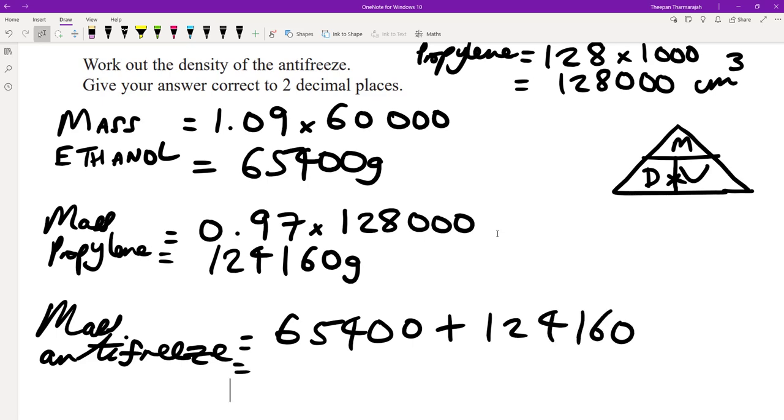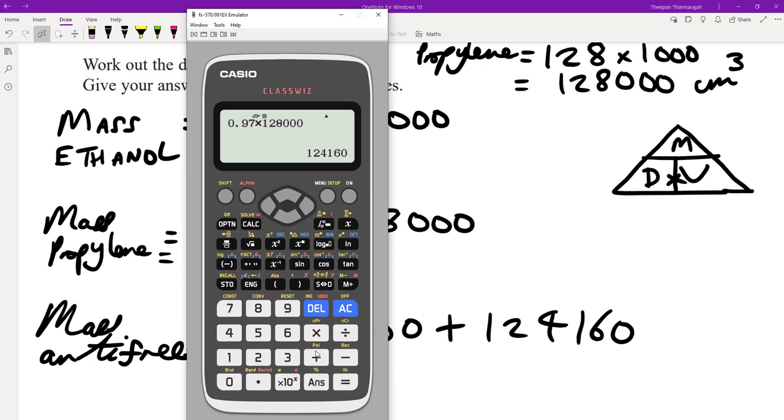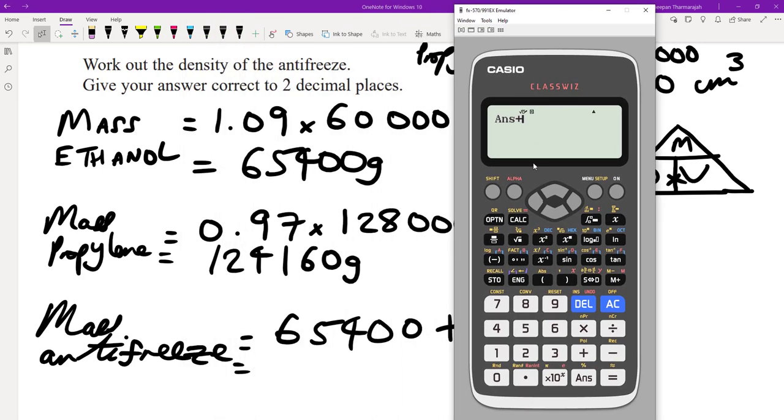We can find the total mass of that. So we can do that plus 65,400, and that gives me 189,560.